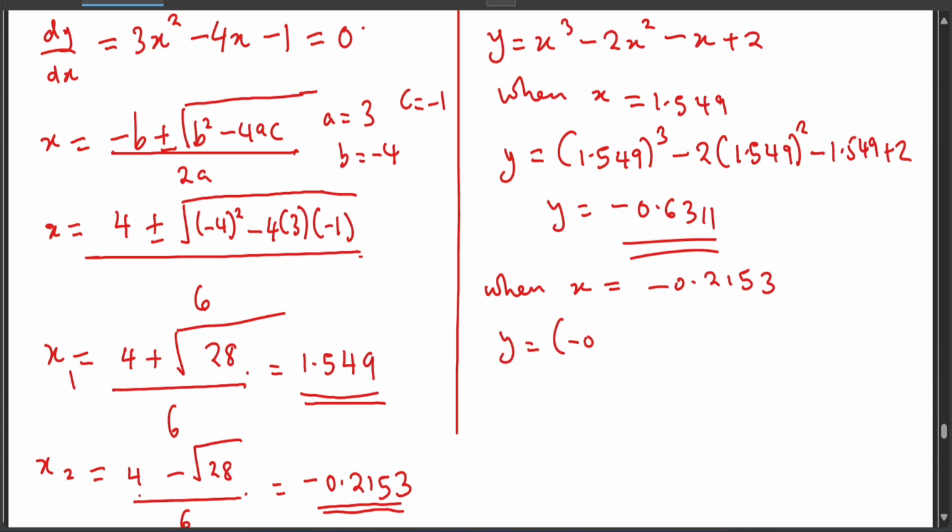So when x is equal to negative 0.2153, then how much would your y be? y equals negative 0.2153 cubed minus 2 times negative 0.2153 squared, minus, but remember your x is negative, so minus x will be minus into brackets negative 0.2153, then plus 2.